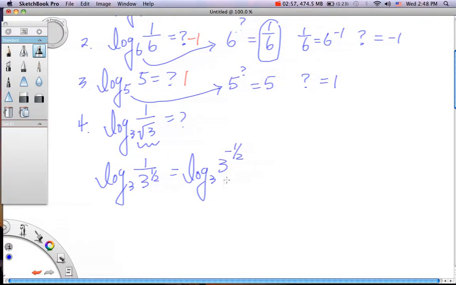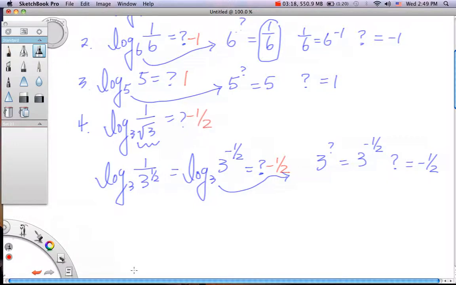So essentially, 3 to what power is equal to 3 to the negative 1/2? Then the question mark would just be negative 1/2. So negative 1/2 is the answer here.